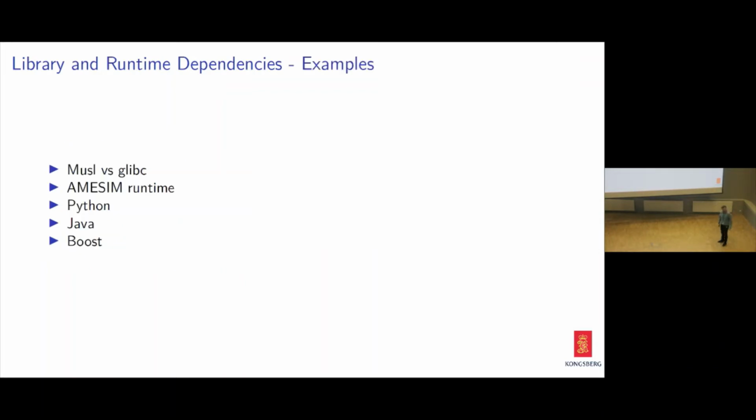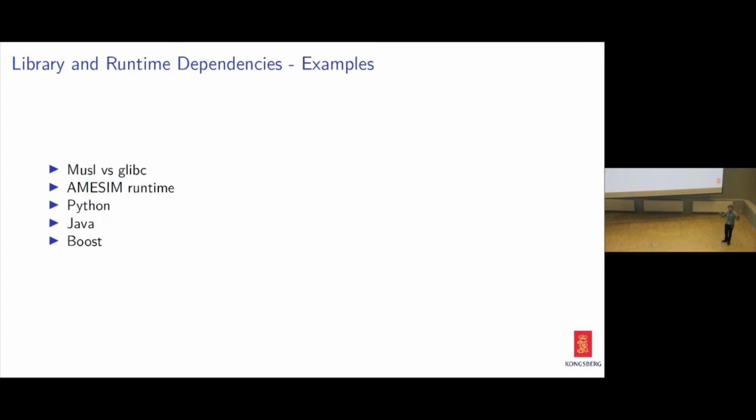Some examples I've encountered. The first one is especially annoying when you try to run FMUs in containers, where you want to have small containers. Then you want to compile with other libraries than GNU libc, which is the standard library for C made by GNU, but you want to use musl instead, which is the smaller and nicer library.